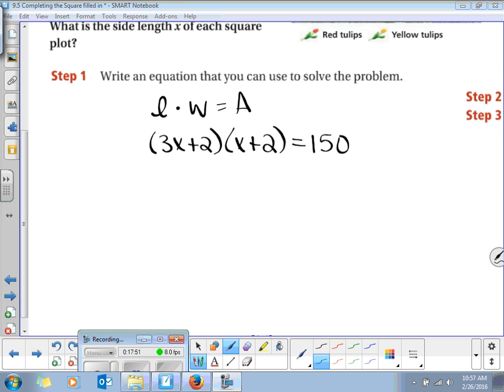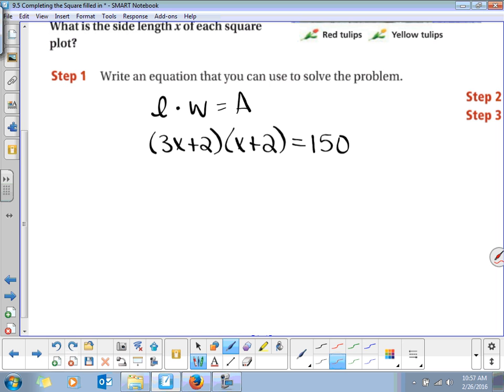So now we want to get it closer to looking like a trinomial. So what am I going to do with those binomials? We're going to FOIL it, okay? So we've got first, outer, inner, last. First, that's 3x times x, that's 6x squared.